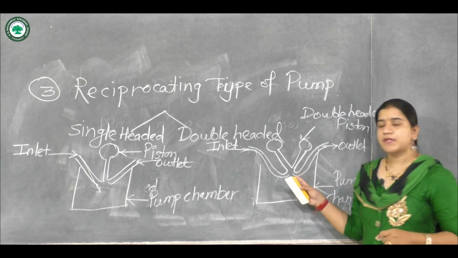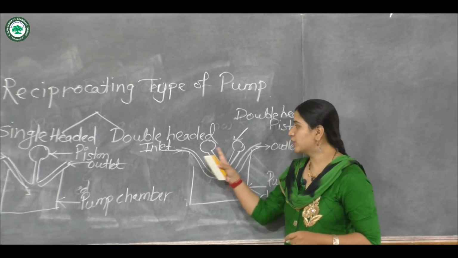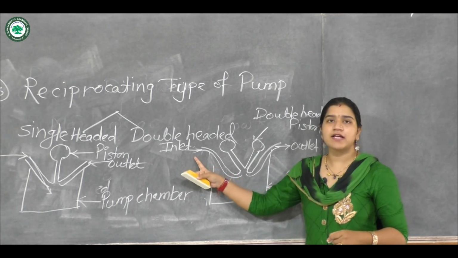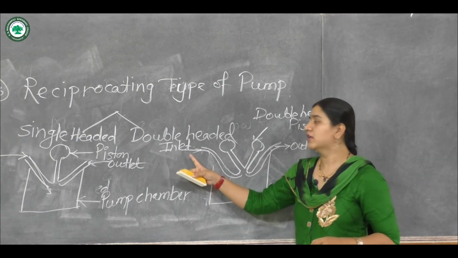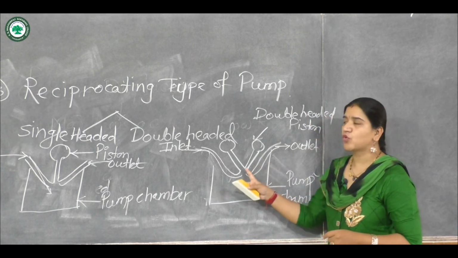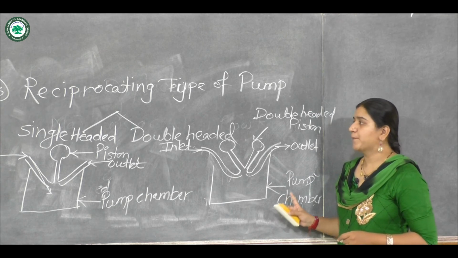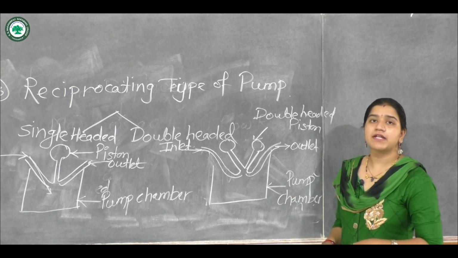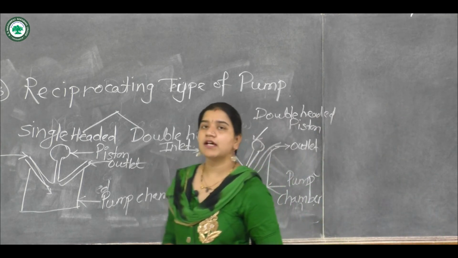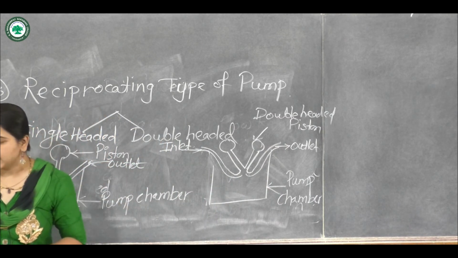So this is the representation for the double-headed type of piston. Here two heads are used. There is one inlet for the solvent and one outlet for the solvent. This whole assembly is placed within the pumping chamber. So this is the diagrammatic representation of the single-headed as well as the double-headed reciprocating type of pump.